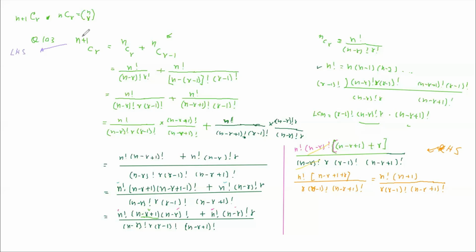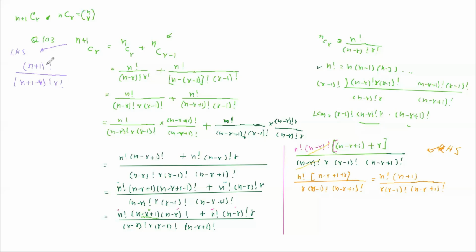Using the formula again, n now becomes n plus 1, and r is still r there. So using the formula it becomes (n plus 1) factorial over (n plus 1 minus r) factorial times r factorial.